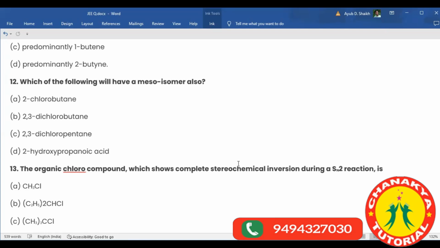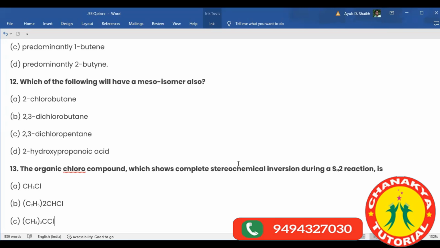Which substance would have a meso isomer? A meso isomer exists only for a compound which has a plane of symmetry, center of symmetry, etc. The options are 2-chlorobutane, 2,3-dichlorobutane, 2,3-dichloropentane, and 2-hydroxypropanoic acid. So draw the structures for all 4 compounds and find out which one has a plane of symmetry. That substance must have a meso isomer.